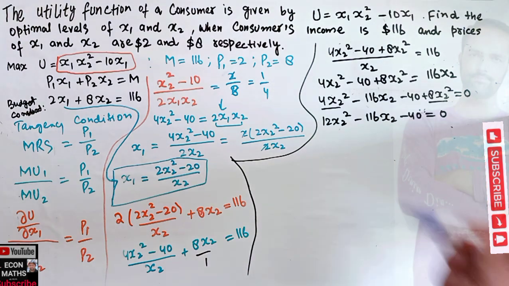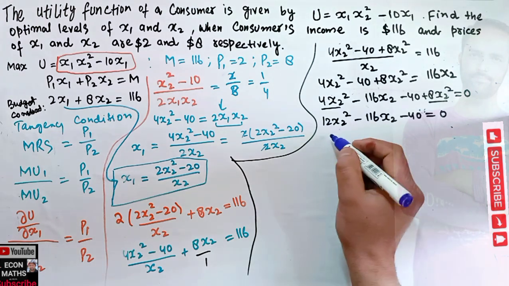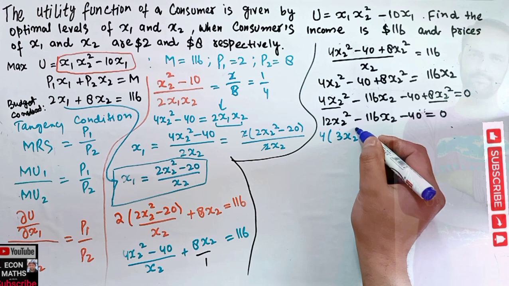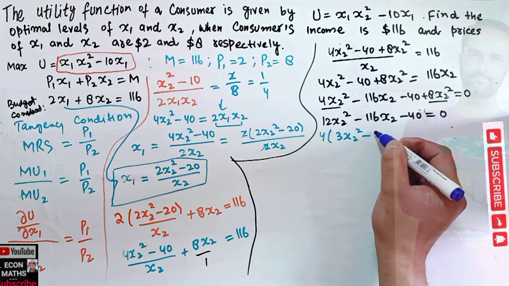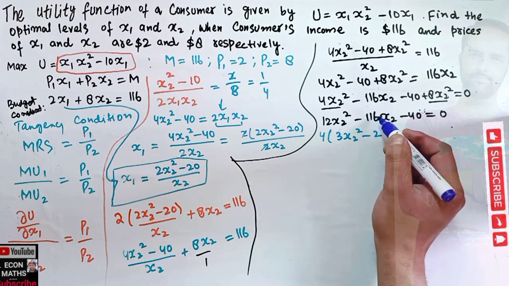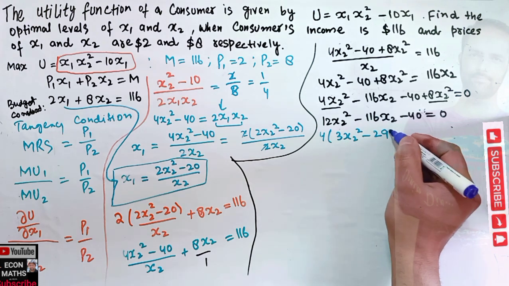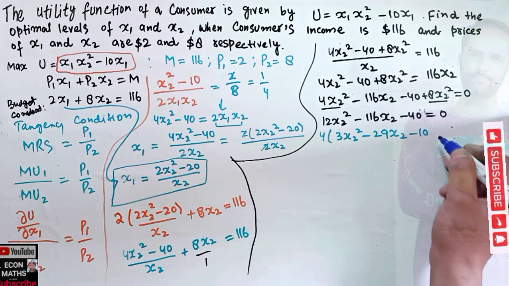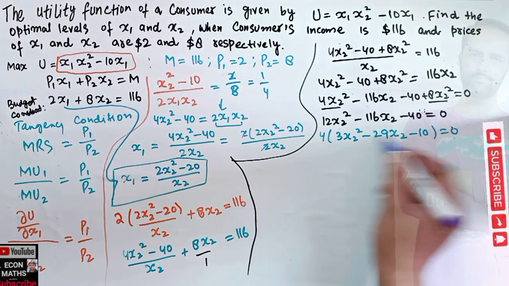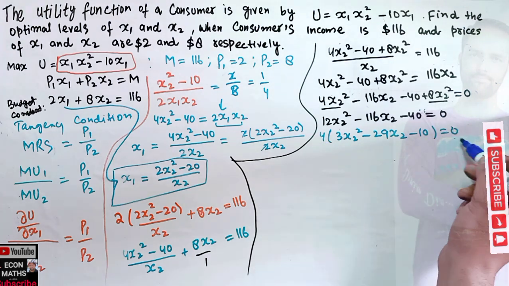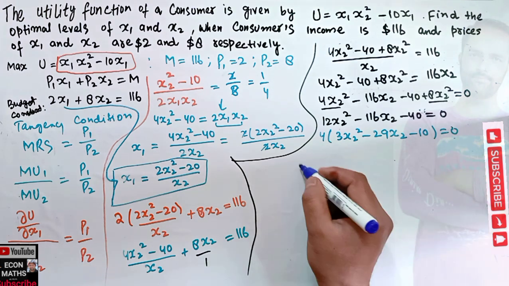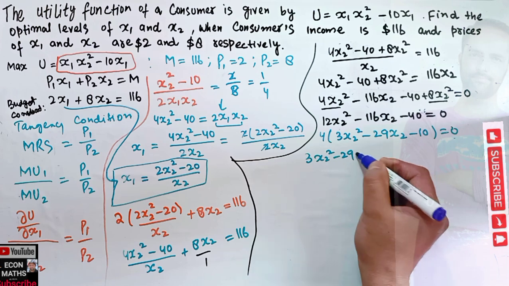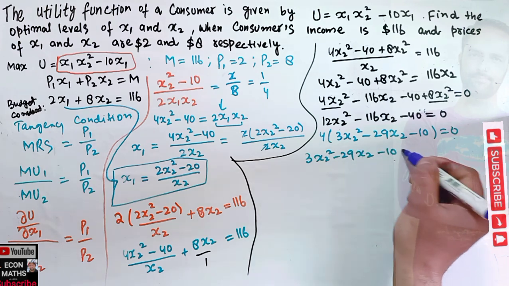Now taking 4 as common, we can factor out 4 here. So if we take 4 common, we are left with 3x2 square minus 4 2s are 8, 4 9s are 36, 4 10s are 40. Now transposing this 4, it will get divided to this 0 and it will become 0. So we are left with 3x2 square minus 29x2 minus 10 is equal to 0.